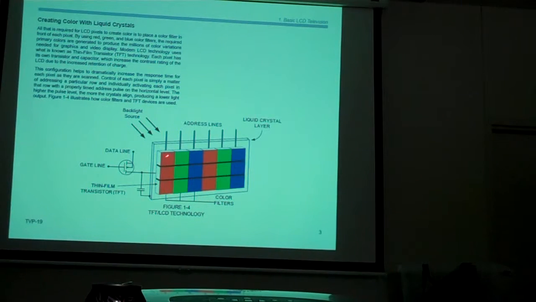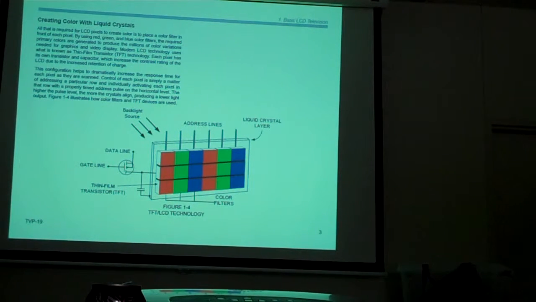So these are all equal size pixel elements. And for a color pixel then, you need 3: red, green, blue. That makes up one color pixel element, but each one of these by themselves represents a pixel.